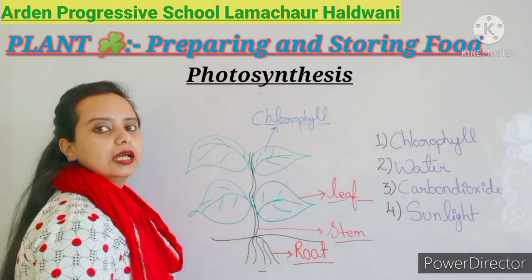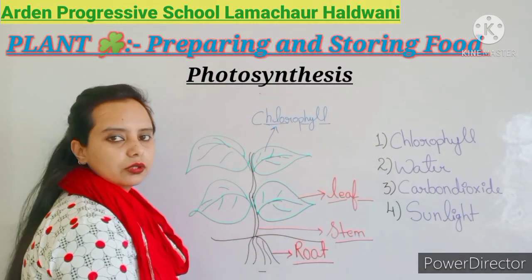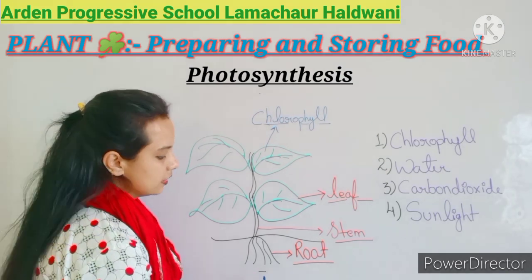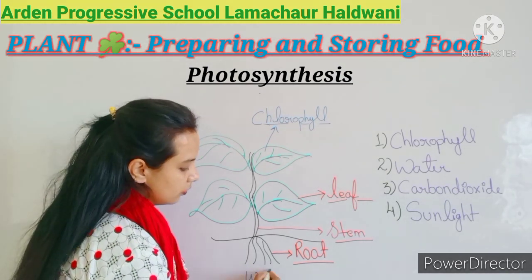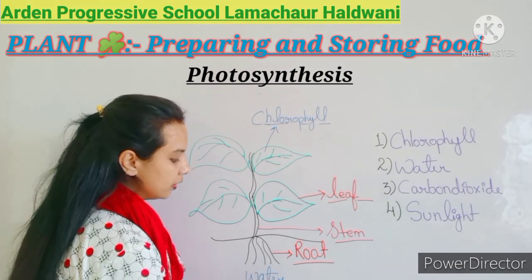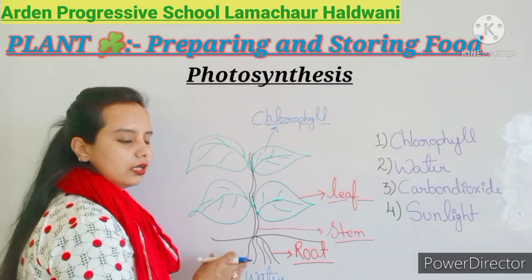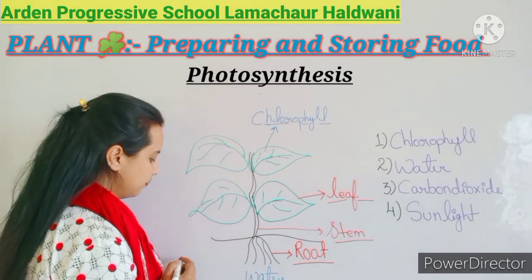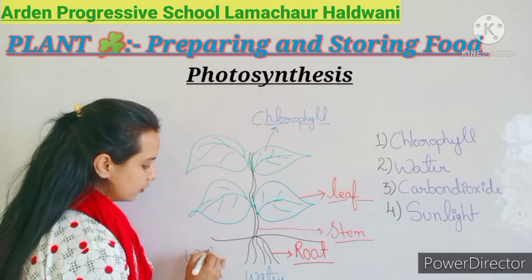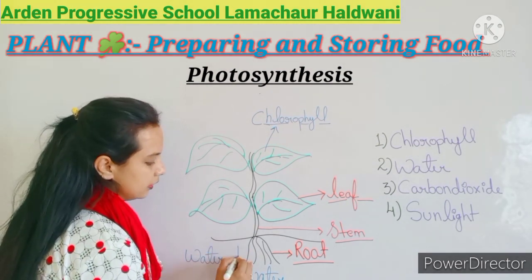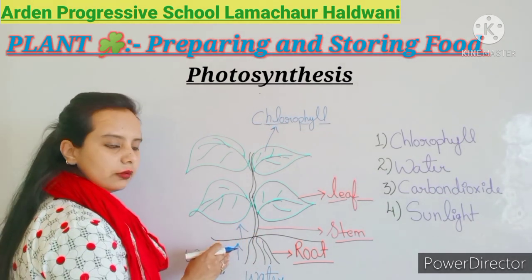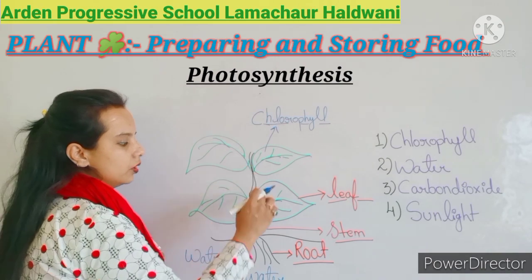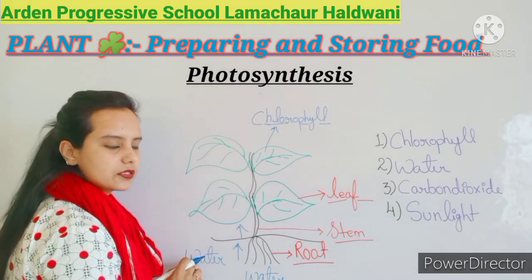Next ingredient is water. The water is absorbed from the soil by the roots. Then the water goes up with the help of the roots and the stem to the leaves.